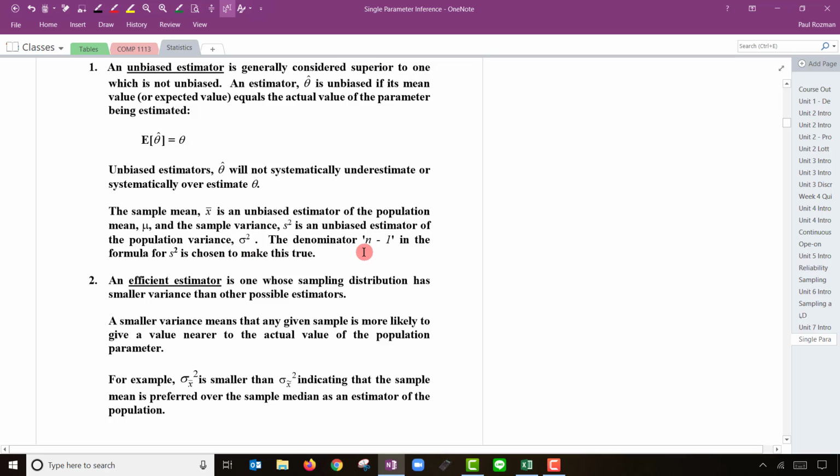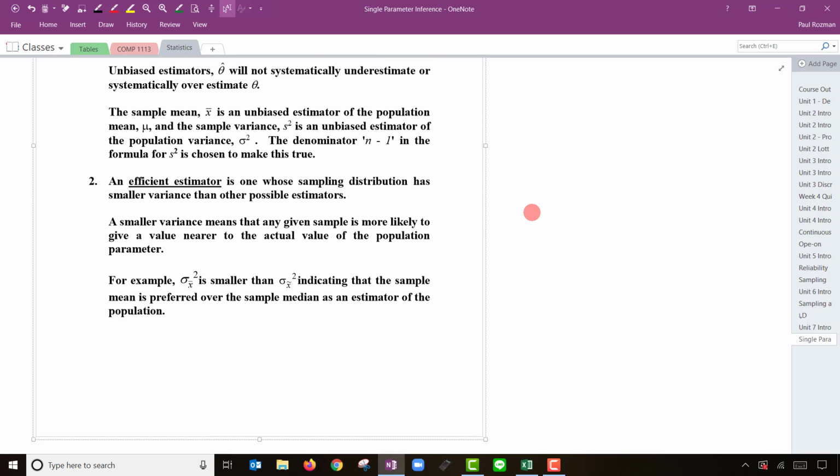So remember that whole n minus 1 in the denominator of S. That came about to force S squared to be unbiased with regard to sigma squared, but a consequence of that is then S is biased relative to sigma, but it's biased in a good way. It errs on the high side. So we at least understand what its bias is. It errs high.